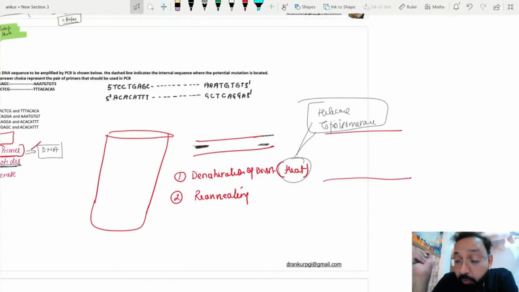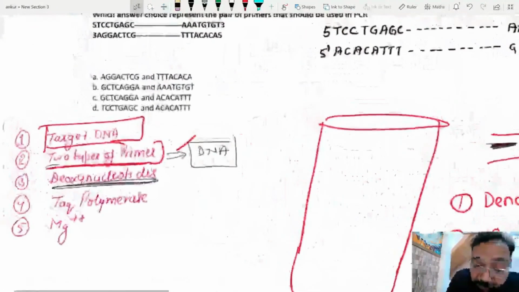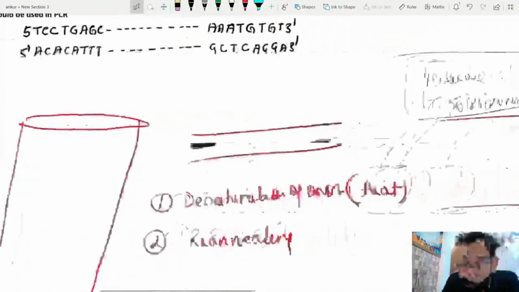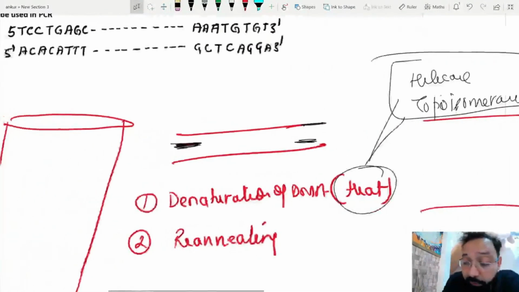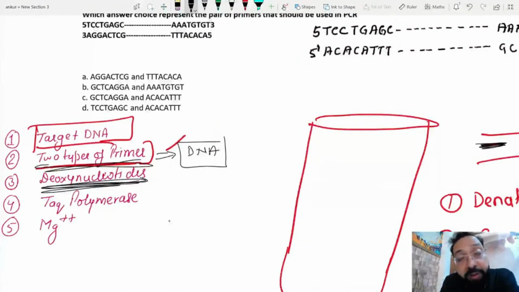Okay, now we want primer because the third enzyme was primase. We can't take primase in the test tube because in a test tube we can't determine the sequence of enzymes. That's why we took already synthesized primers, two types of primer. And these primers are DNA, not RNA primers. Now the third thing, we will add deoxynucleotides to synthesize DNA.